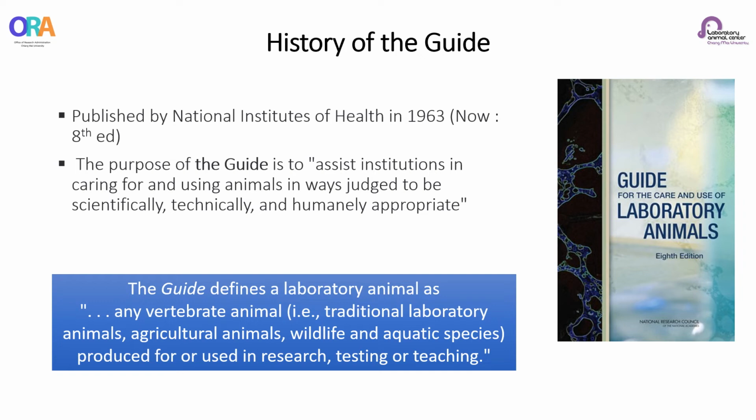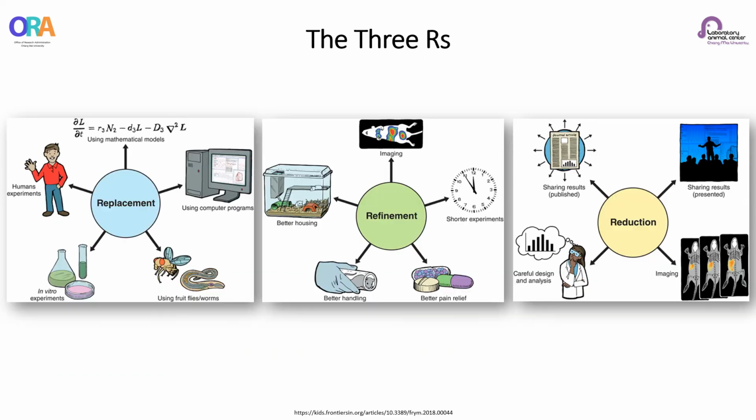The Guide has undergone 7 revisions since its initial publication, and the last version was written by a committee appointed by the Institute for Laboratory Animal Research, or ILAR. The purpose of the Guide is to assist institutions in caring for and using animals in ways judged to be scientifically, technically, and humanely appropriate.